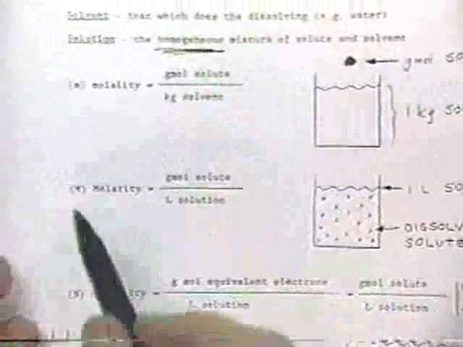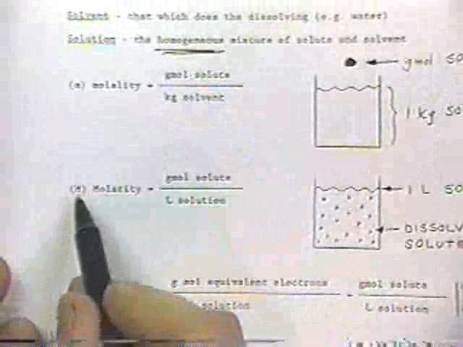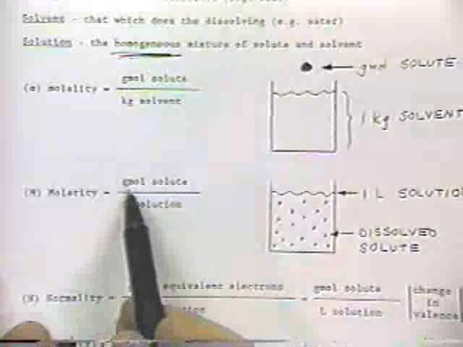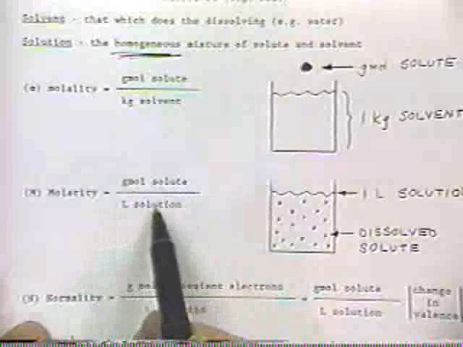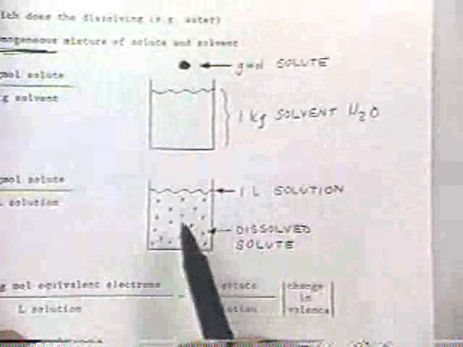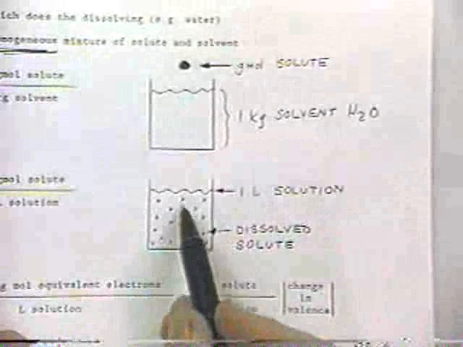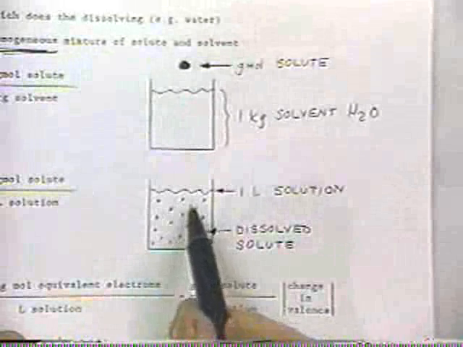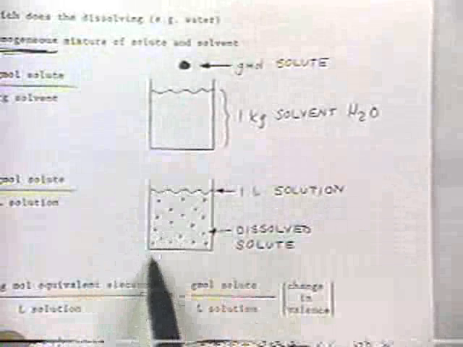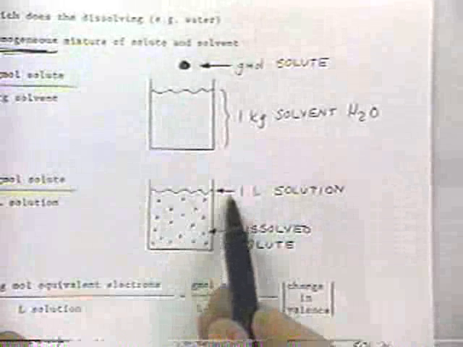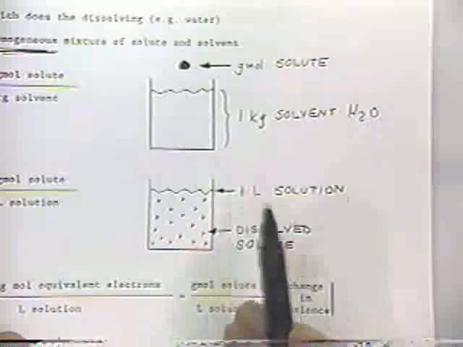Now let's take a look at another example. Molarity, which is abbreviated capital M, is defined as gram moles of solute per liter of solution. And the picture that you should have here is I've already dissolved my gram mole of salt into my water, and after it's all done, I have a volume of 1 liter.